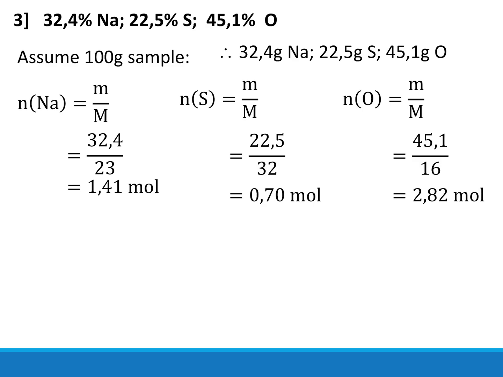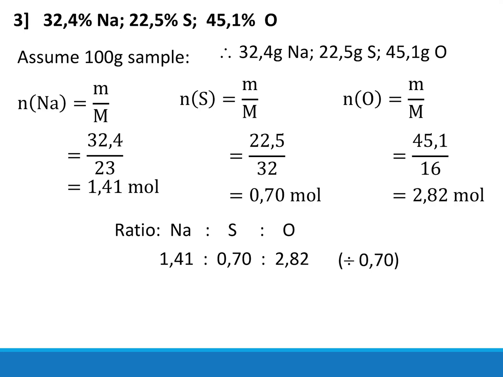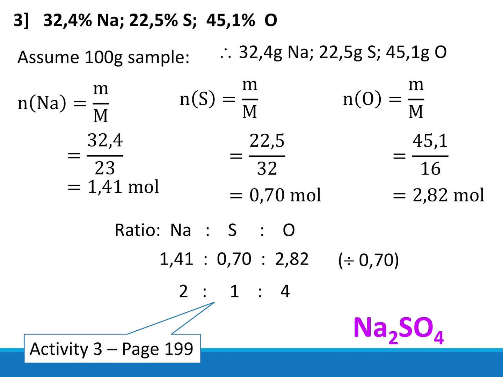So Na, S, and O: 1.41 to 0.70 to 2.81. Divide by 0.70. We get 2 to 1 to 4. Very, very important. That means we get Na2SO4. Nice and simple.